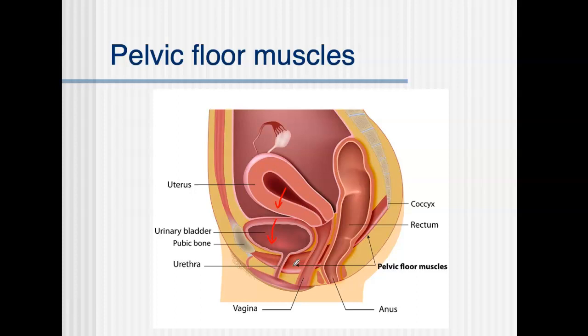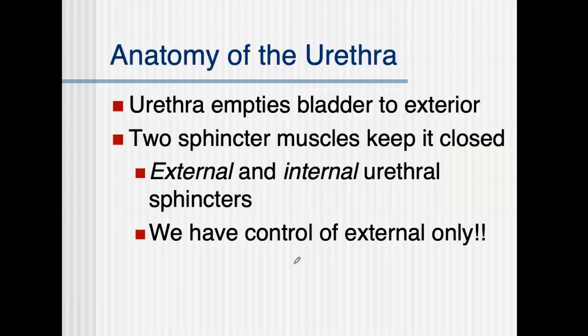So it's just the leaking, which is not something that's wanted, happens in individuals with a weakened pelvic floor muscle. Okay, I've mentioned this to you. You have it there written so that you can consult it, the external and the internal urethral sphincters.